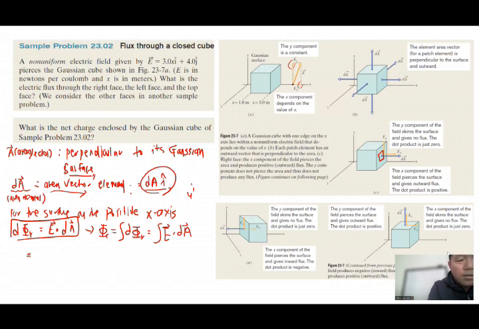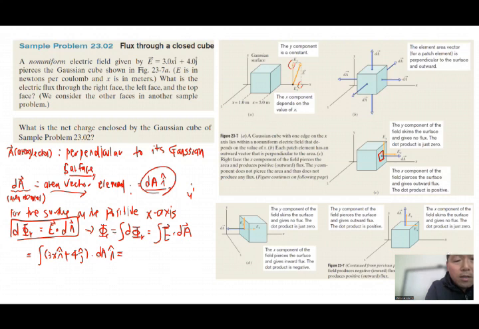That is the integral of (3x i + 4 j) dot product dA i. That vector expression can be converted into dot products of unit vectors.